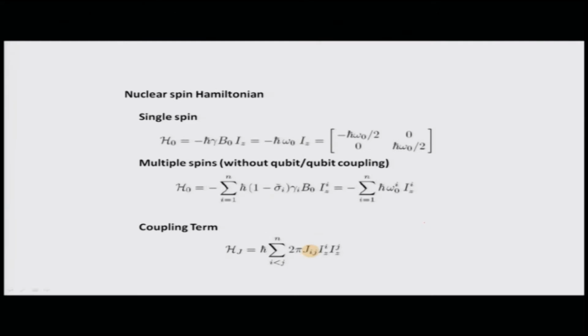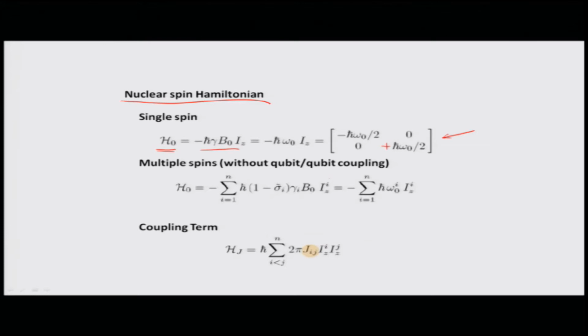In the case of the nuclear spin Hamiltonian, which is what we will be using in NMR, for a single spin the Hamiltonian is given by the interaction that we just talked about, the energy gap h cross gamma B0 Iz, which is equal to minus h cross omega naught Iz, equal to minus h cross omega naught over 2 or plus h cross omega naught over 2, and this is the Hamiltonian that we work with.